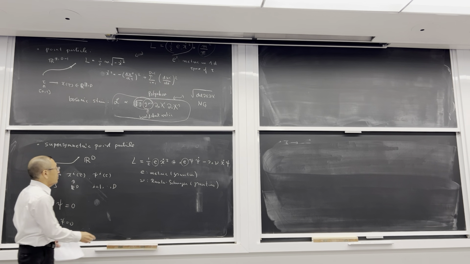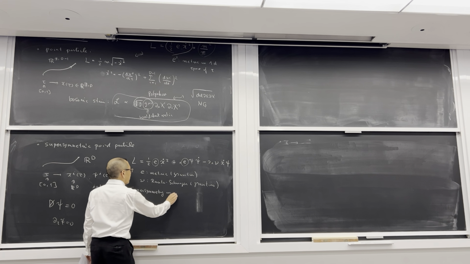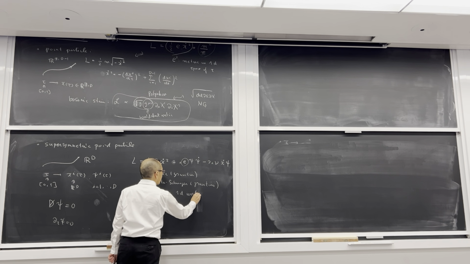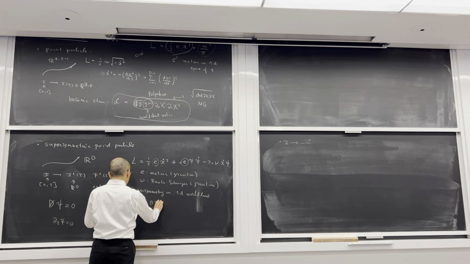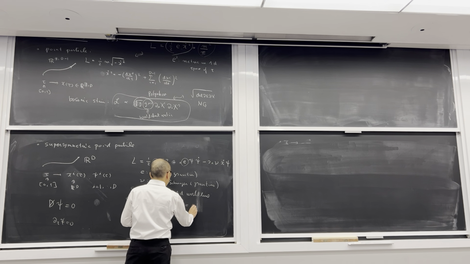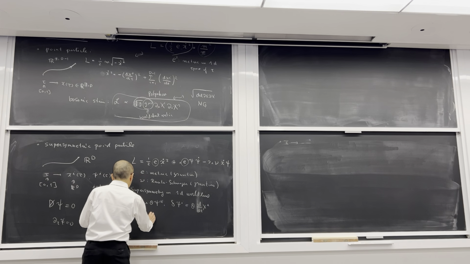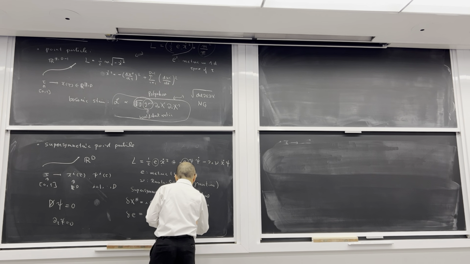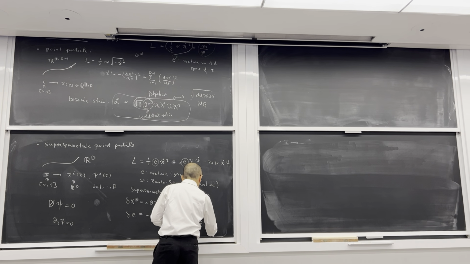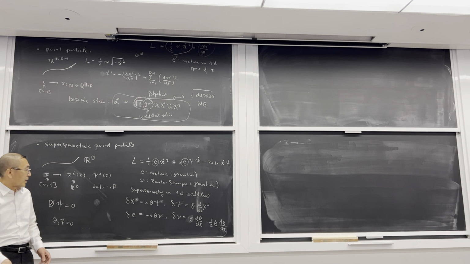And with that, we can have a closed supersymmetry transformation on the 1D world line, which is given by delta x mu goes to i theta psi mu, delta psi i goes to theta d tau of x, and the metric also transforms under supersymmetry, and the gravitino also transforms under supersymmetry. Okay, so this is the supersymmetry transformation.